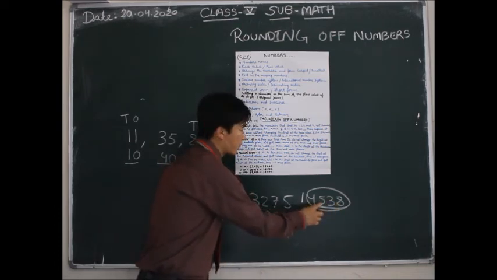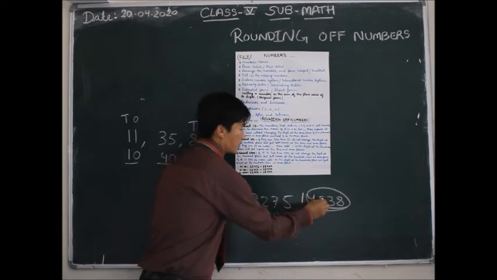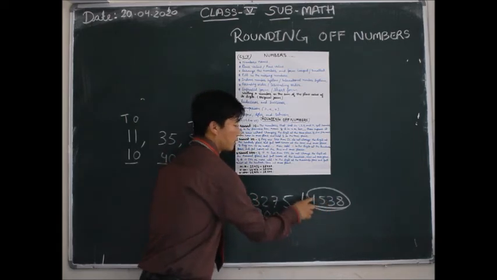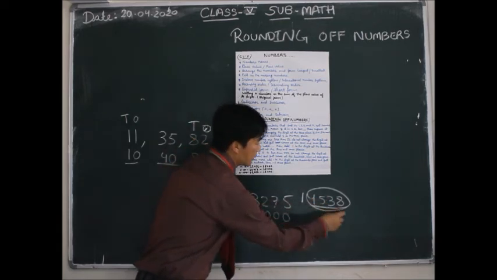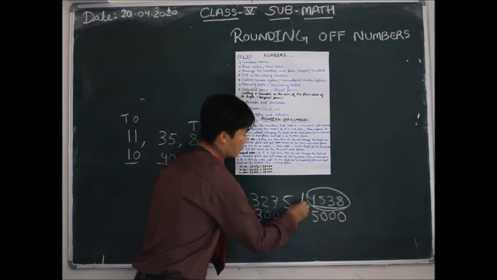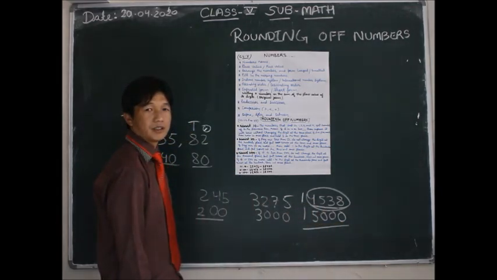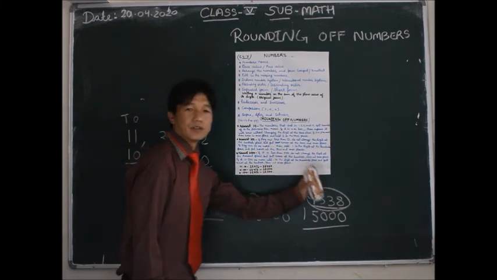No, 5, that is 500. 500 is 500, otherwise greater than 500. When the 100 place is 5 or more, we have to add 1. That means the 8's place becomes 0, this also 0, and 4 plus 1 is 5. The 10,000 remains the same. That means 15,000.